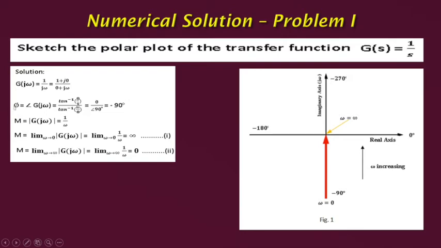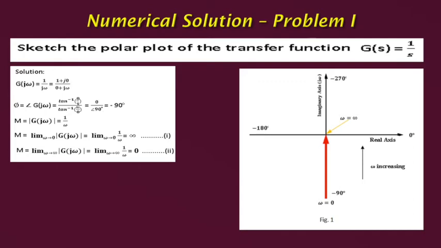Then write down the phase angle. Phase angle is equal to tan inverse of y by x, that means imaginary part by real part. In the numerator, the imaginary part is 0 and the real part is 1, so tan inverse of 0 by 1. In the denominator, tan inverse of imaginary part by real part, omega by 0. Then this angle is 0 and this angle is 90 degrees, because tan inverse infinity is 90.